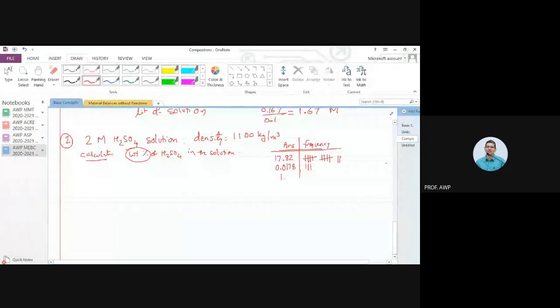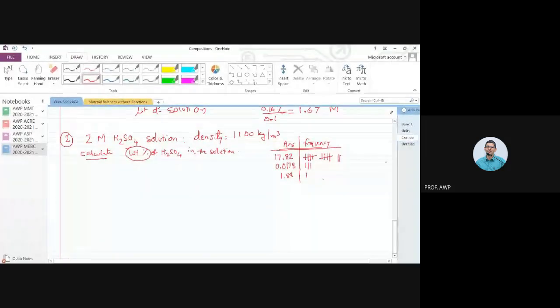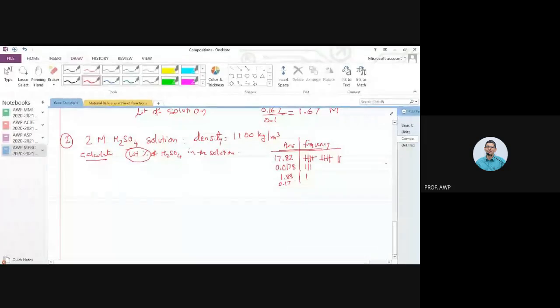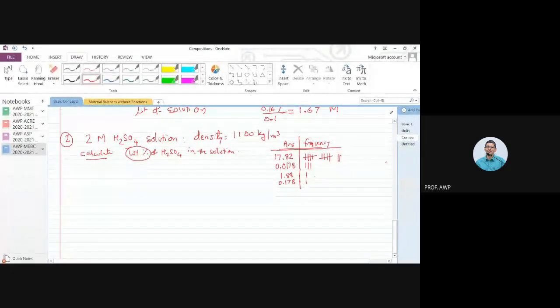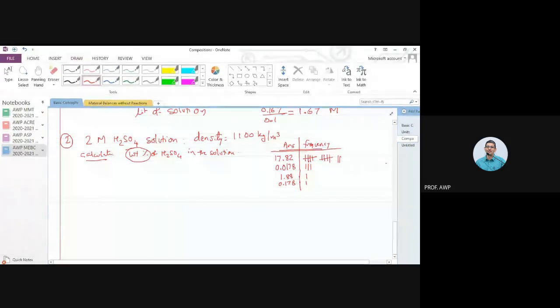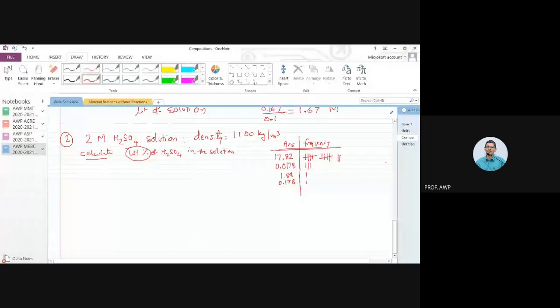Oh, another answer, 1.88. 0.178. Oh, still one more answer, 0.17. Please tell the answers. We have only got how many? 10, 12, 15, 17 answers. There are 90 people in the class.